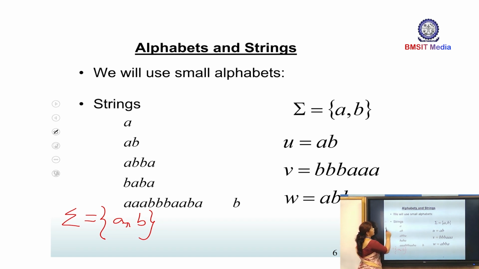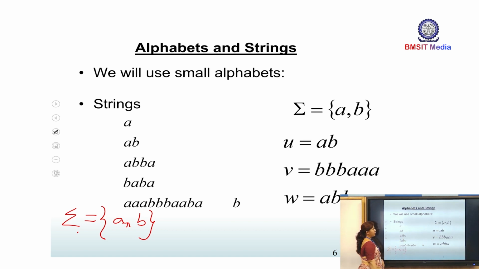Strings are another element of automata theory, and strings are formed from the alphabet defined in the set. For example, in the set I have defined, the alphabet is given as a, b. Using those elements of the set, we can form strings. Some strings formed from the alphabet are A, AB, ABBA, BABA.